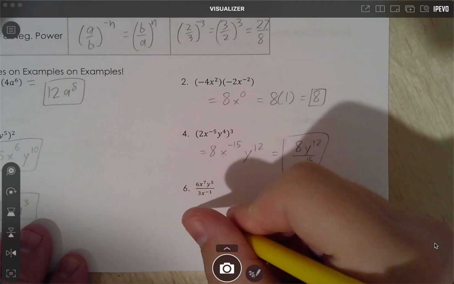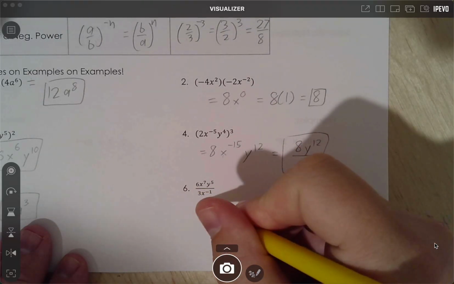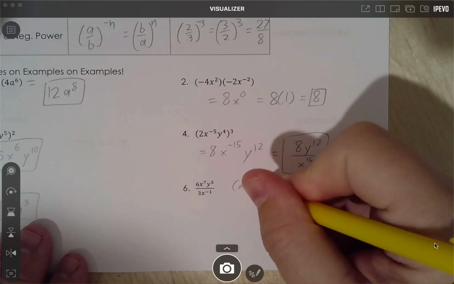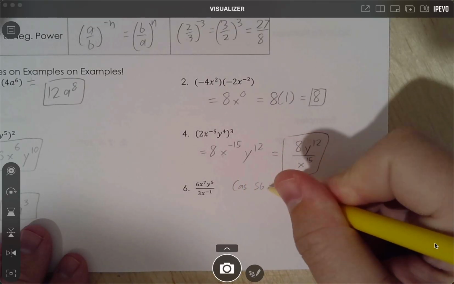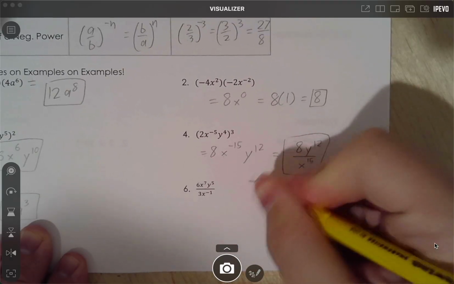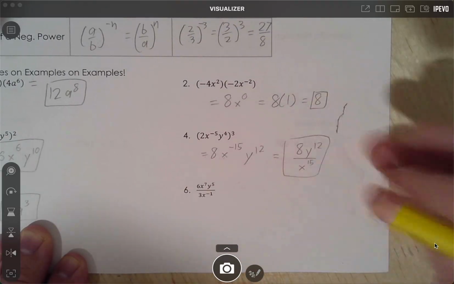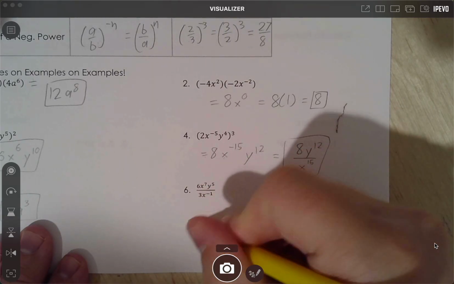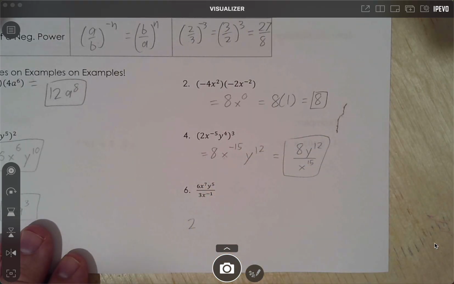Here's how I'm going to see this. I'm going to see this as subtraction. Now there are options. In fact, I'm not even going to write that, but just know that the way I'm approaching this is I'm assuming that these are subtracting. So 6 divided by 3 is 2. We're going to do the division with the coefficients.